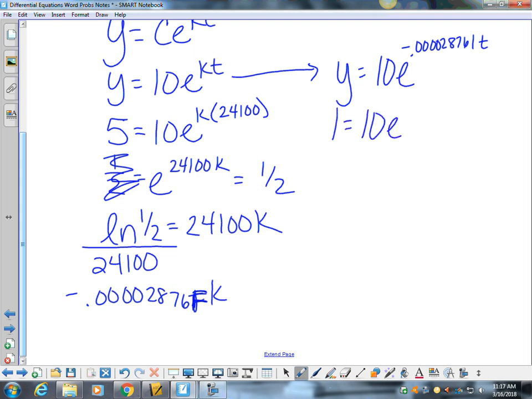I'm already overriding this decimal. Okay, what you going to do now? Divide by 10. Does it make sense that you're getting a tenth here? Because you're starting with 10 and you want to get down to 1, so I want to be a tenth of what I started with.